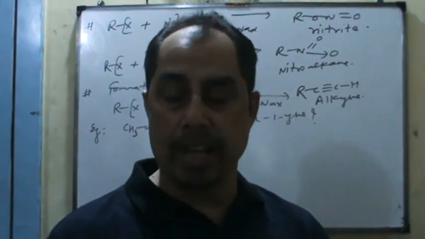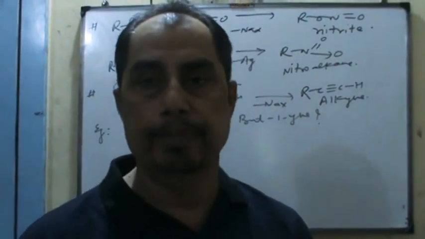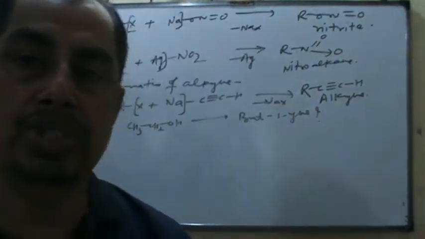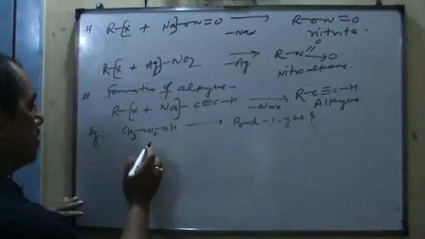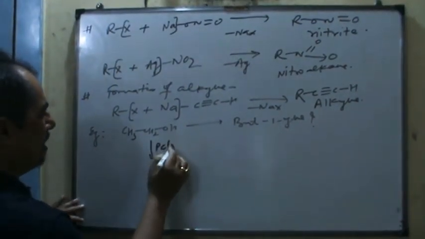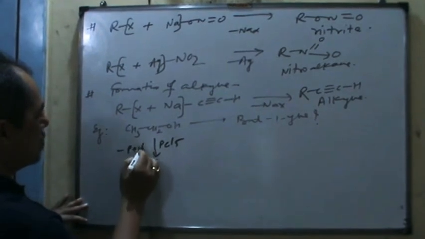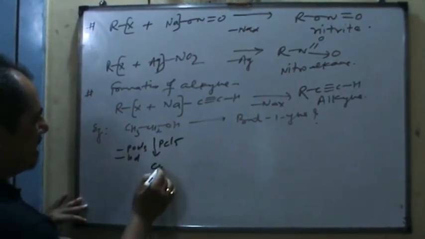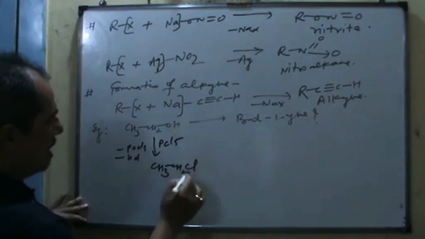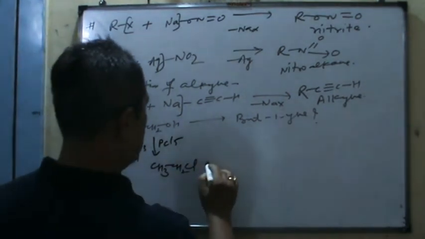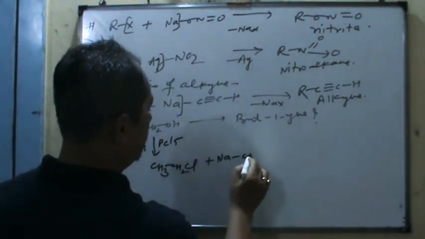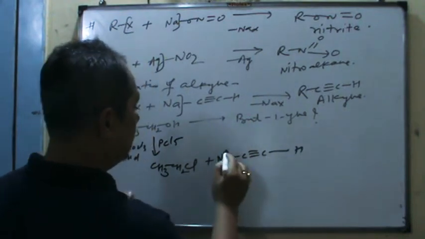First you change alcohol into halide. Then you take the salt, whichever reagent I have taken. First of all you take PCl5, minus POCl3, minus HCl, CH3CH2Cl, and then further you take sodium acetylide.